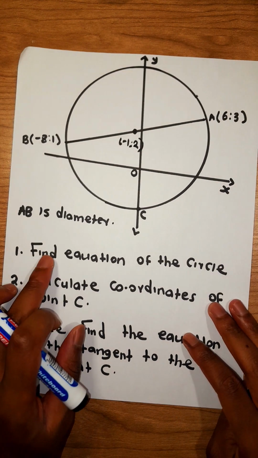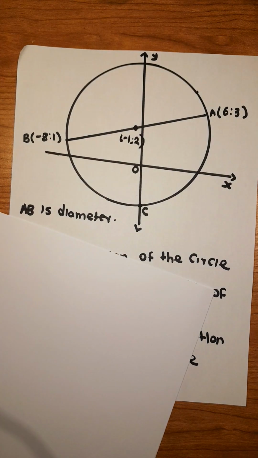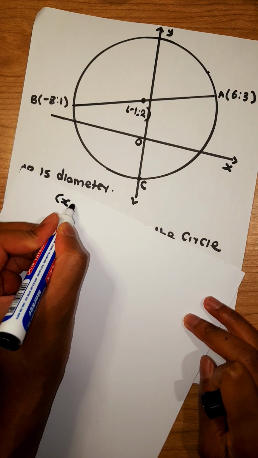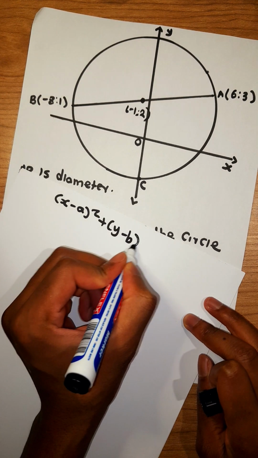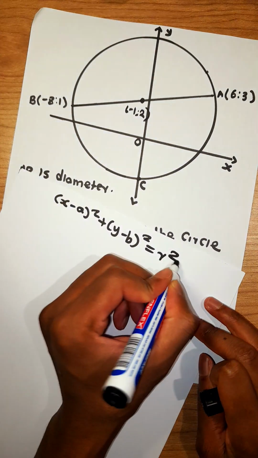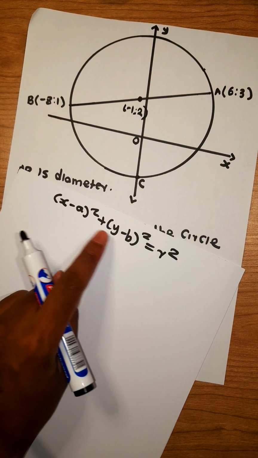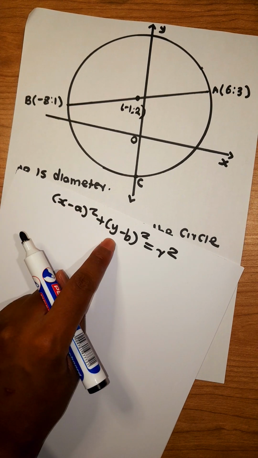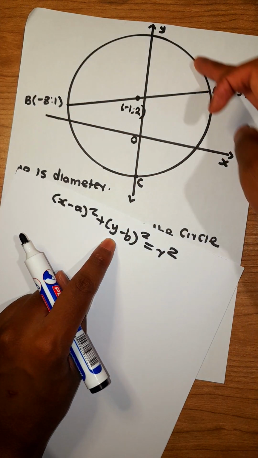Now the question says, find the equation of the circle. How can we find it? Well, it's pretty simple. You know the equation of the circle: x minus a squared plus y minus b squared equals r squared. What is the value of x, y, a and b?